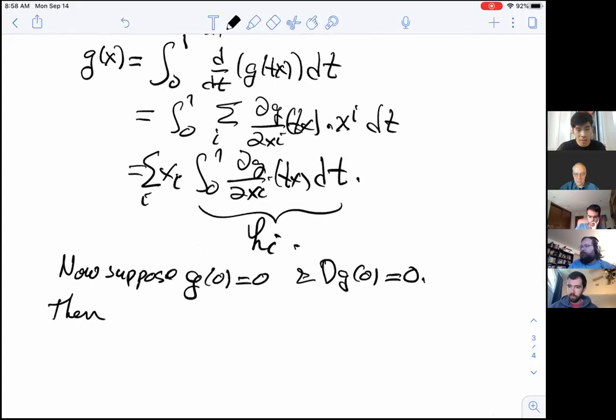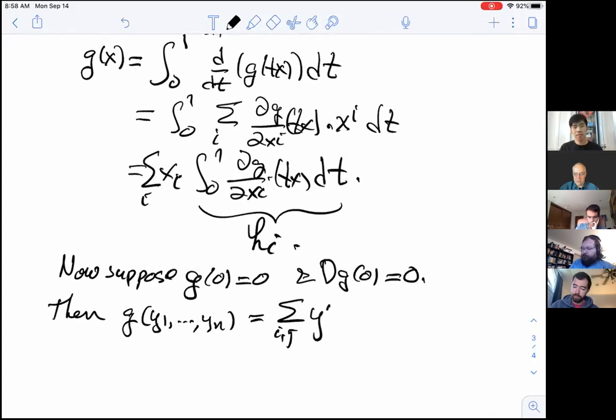Then you get in local coordinates y1 to yn, g is summation over i and j, I'm being sloppy here about whether my indices are up or down, of yi yj hij of y1 to yn.